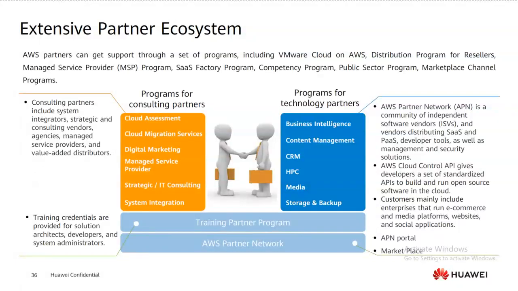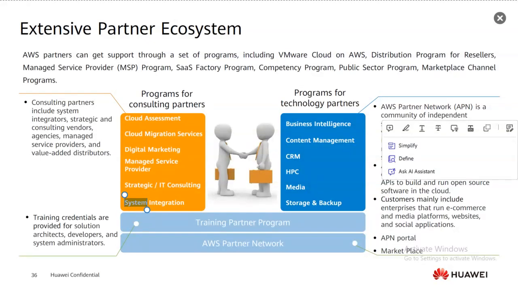That includes also business intelligence, management, CRM, HPC, that's high performance computing, media, storage, and backups. So these are all services you can get with Amazon.